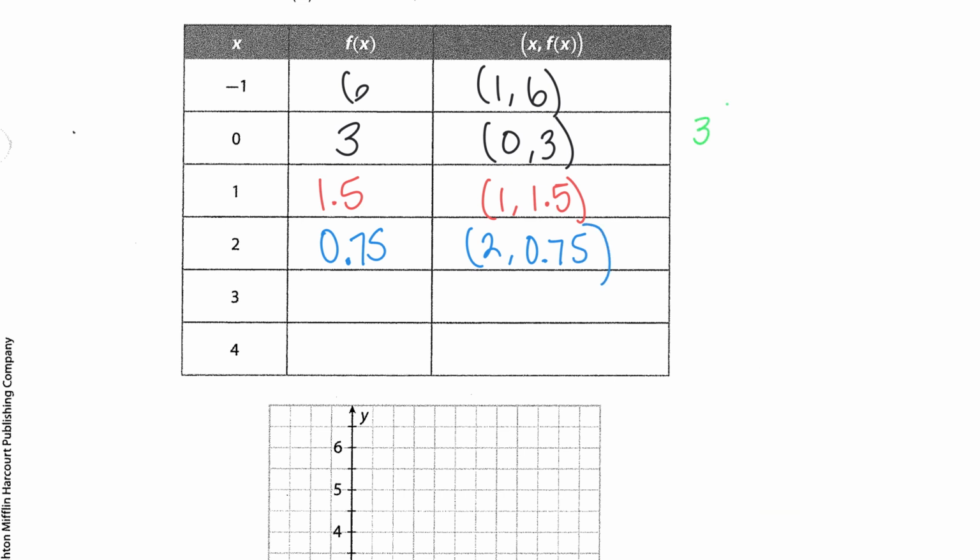Now 3. 1/2 to the third power, that'd be 1/2 times 1/2 times 1/2, which is 1/8. 3 times 1/8 you could write as 3/8. Or if you wanted that as a decimal, 0.375.